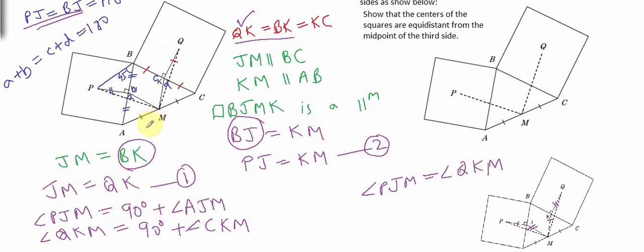And opposite angles of a parallelogram are equal. That is B and C are equal. So if B and C are equal, then they get cancelled, and you have A is equal to D. That is AJM is equal to angle CKM. So if AJM and CKM are equal, then we have this as equation number 3.